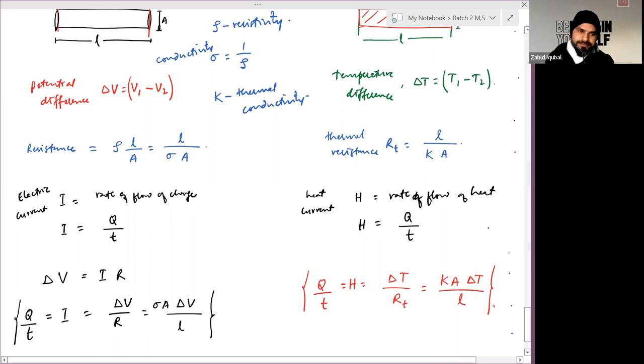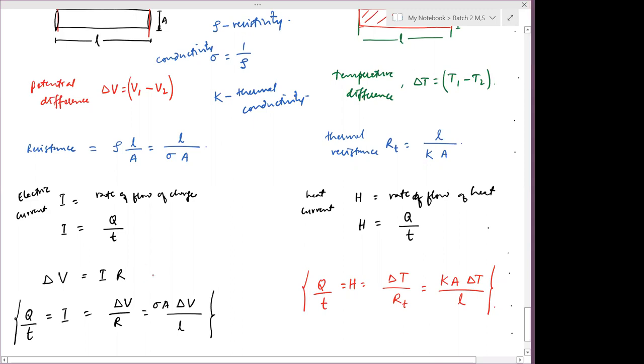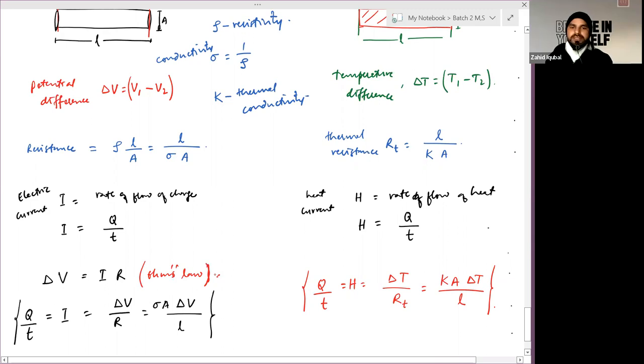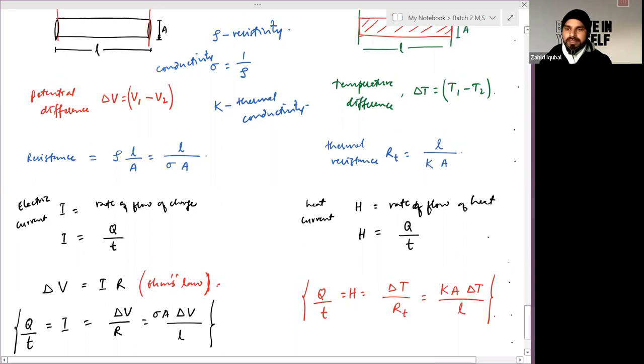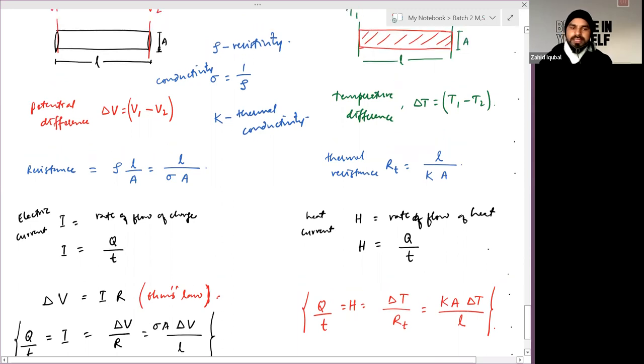Samaira, any doubt? No, sir. So just relate these two different quantities so that it will be easier for you to learn this. Nahara, any doubt?